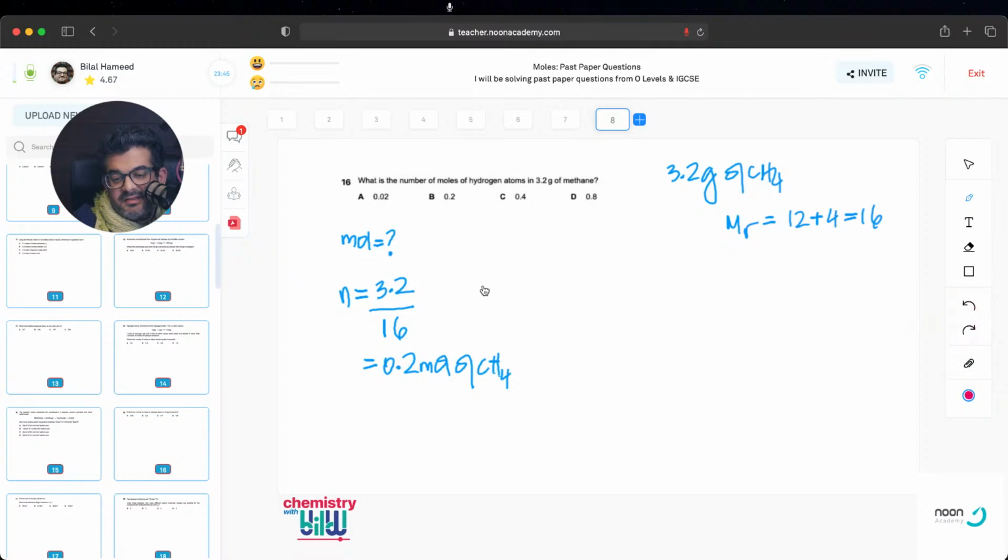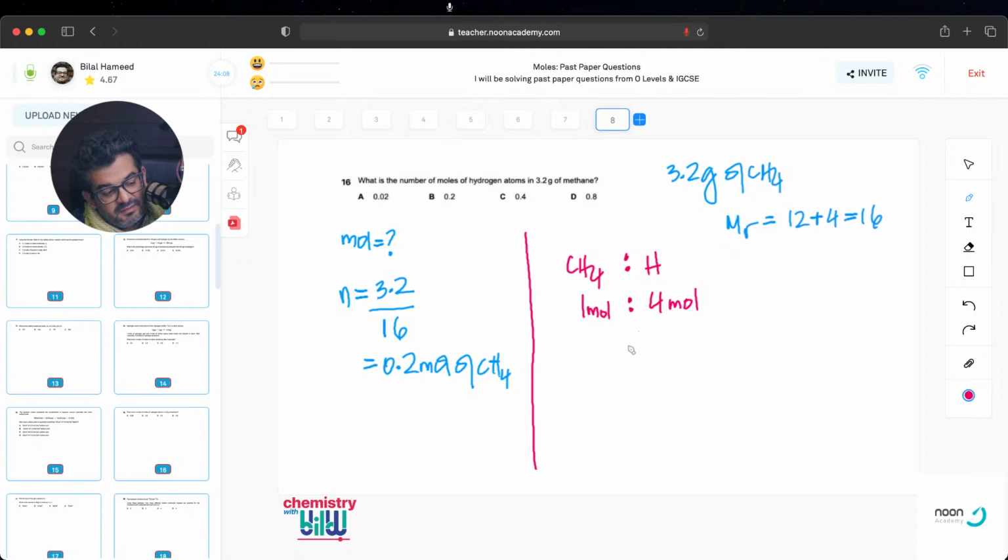What that means is that if I have this, then how many hydrogens does 1 methane have? So 1 methane has 4 hydrogens. This is what it means. If 1 CH4 has 4 H's, it means 1 mole of methane has 4 moles of hydrogen. All right. So what do I get?